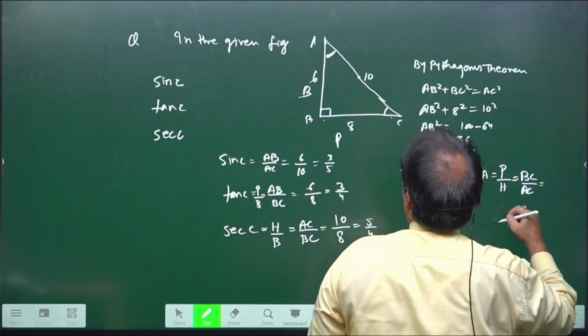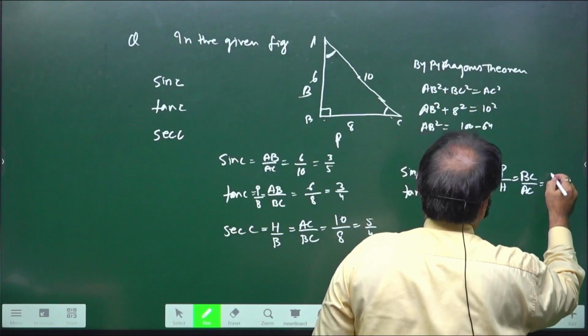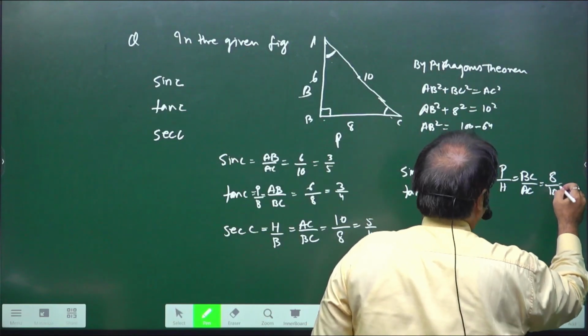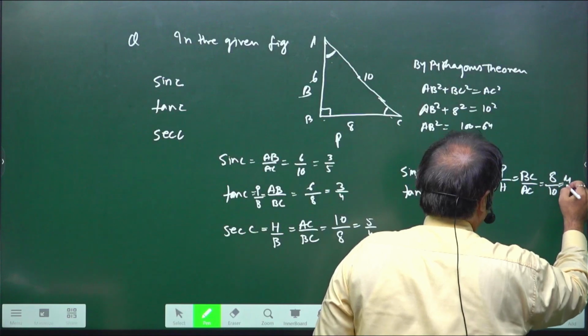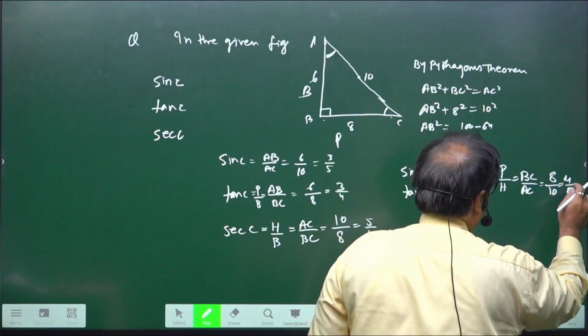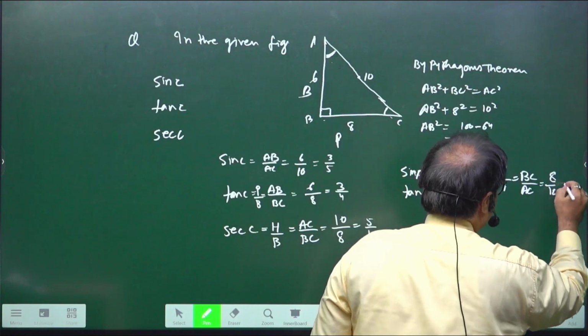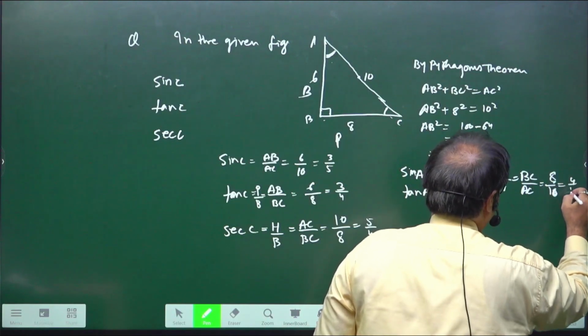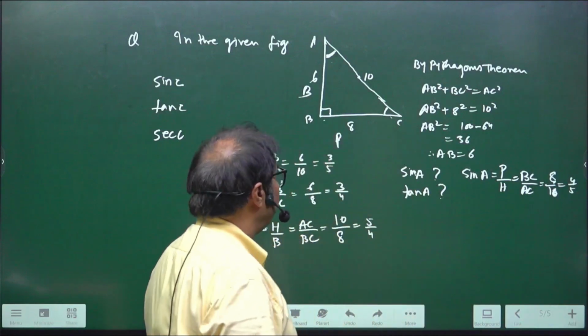The value of BC is 8 and the value of AC is 10. So 2 4s are 8 and 2 5s are 10. So the answer is 4 upon 5.